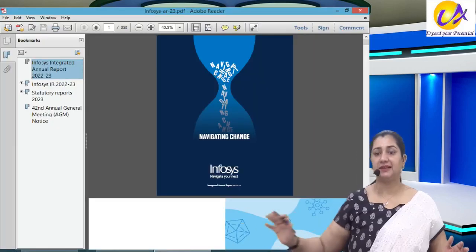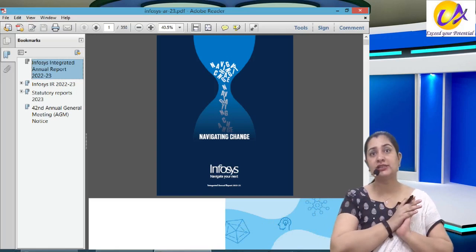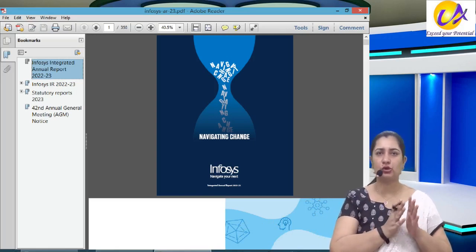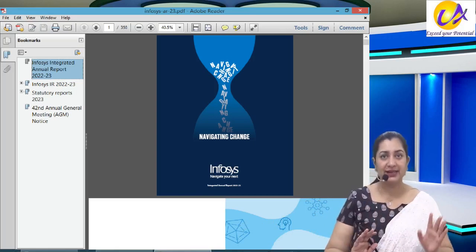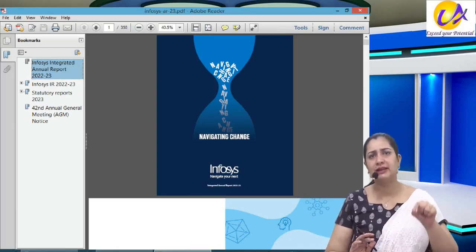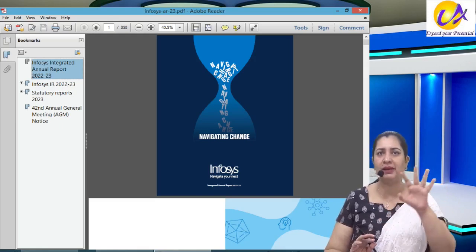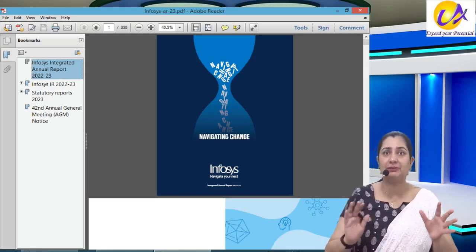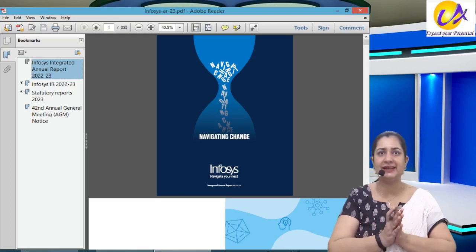So now I'm going to show you the annual report of the company Infosys. This Infosys report is the 2022-23 report. Infosys is a listed company, we all know. So this report is definitely Ind AS based. So I will not be able to explain the format of the balance sheet and P&L here because it is an Ind AS company.